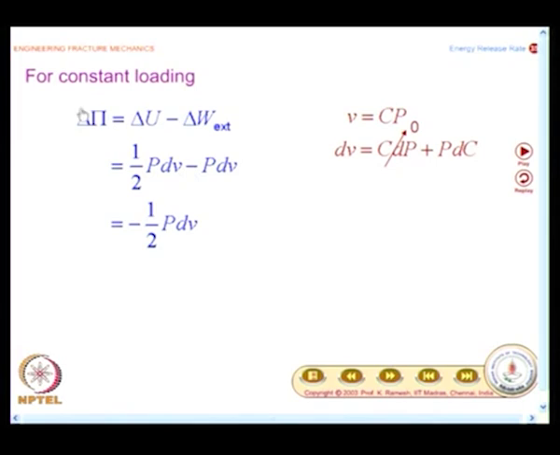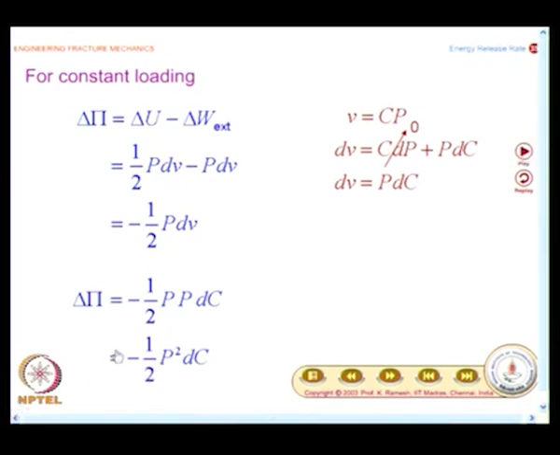So, when I write energy release rate, I would replace this in terms of the compliance. Fairly simple, you have to recognize that when you differentiate, you should write this as C dP plus P dC. Although you have learned this mathematics, you may overlook this.